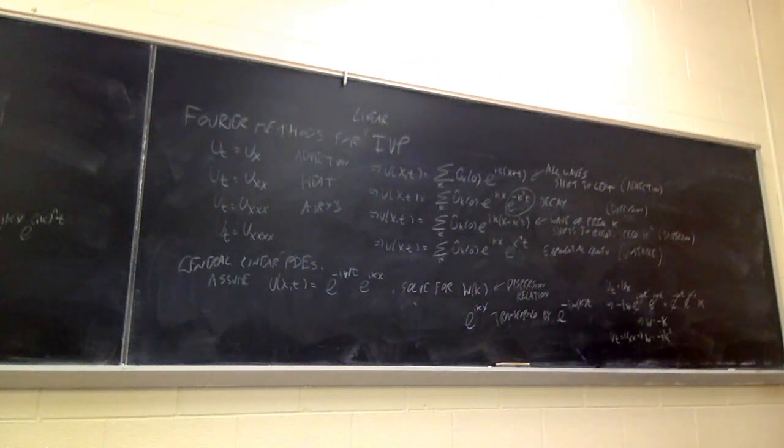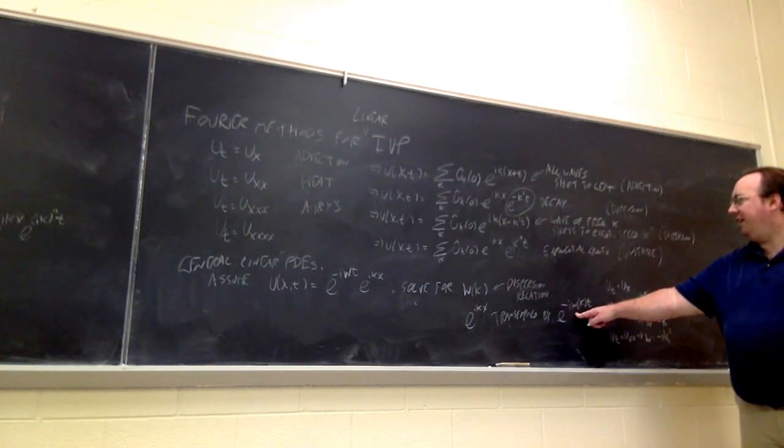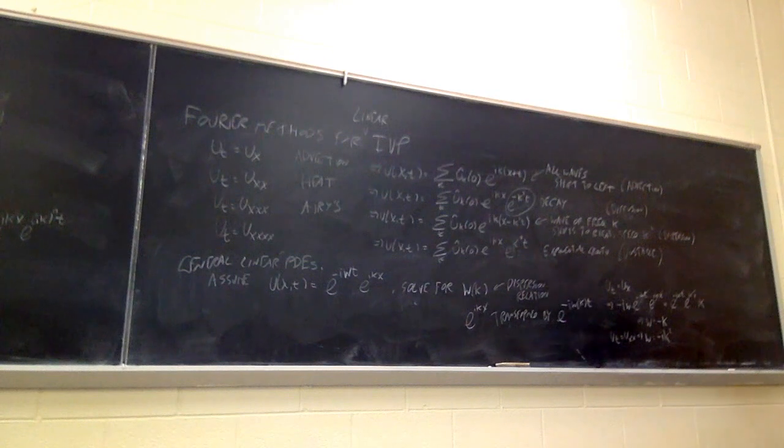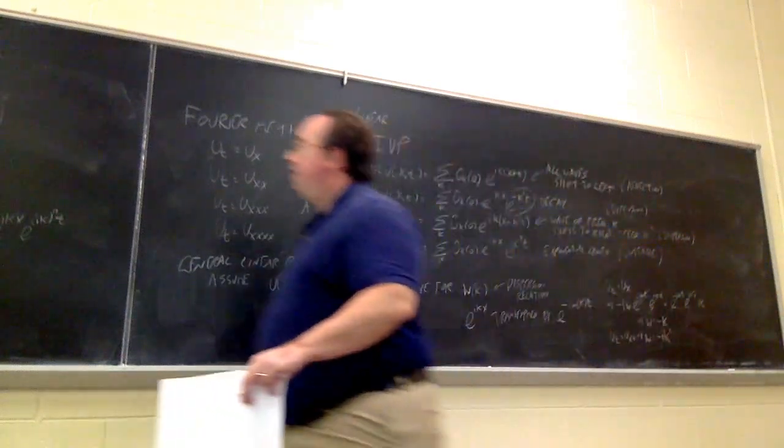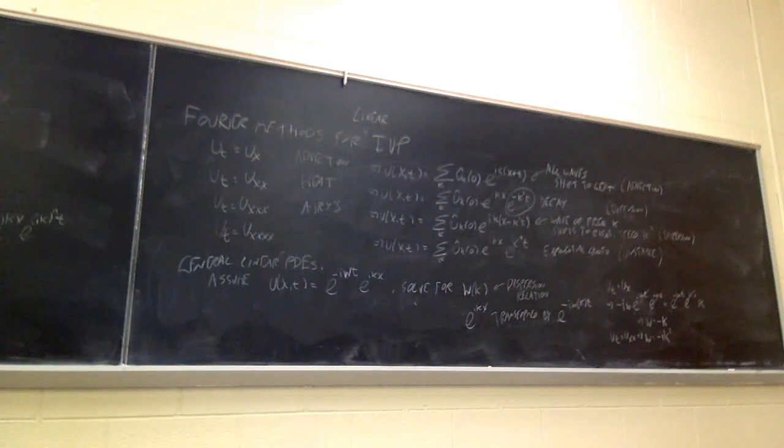So you get an idea what dispersion relations would be in these cases, or we can match this against what we get in the solution here, the part multiplying e to the i k x, to see what the dispersion relation is. But what I'm going to do is write down some examples of various PDEs and what their dispersion relations are and what they mean for how the solution behaves.